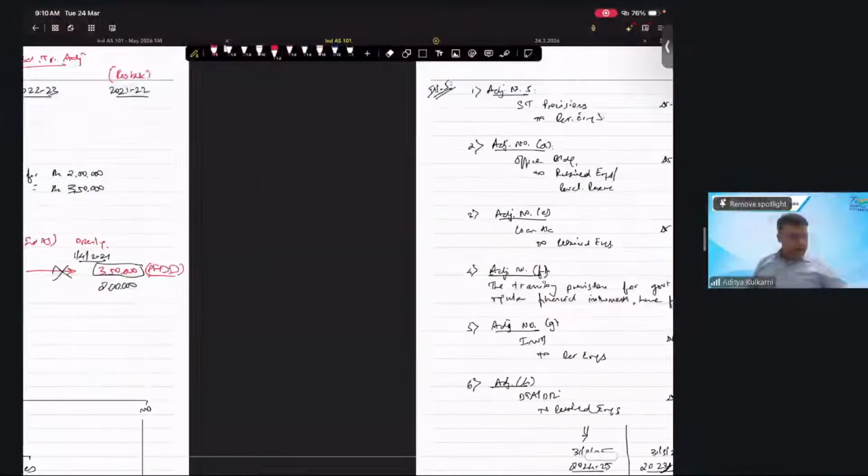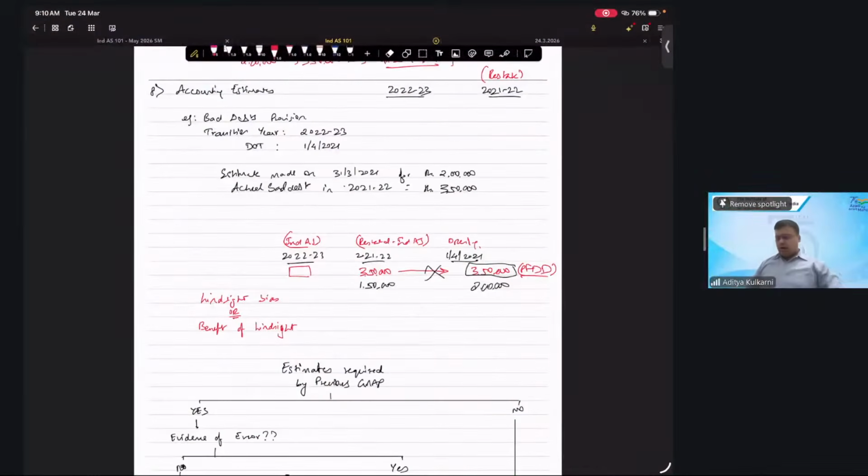The part that we have left is accounting estimates. What Ind AS 101 tells us is you cannot take the benefit of hindsight bias. For example, you are aware that we need to do a retrospective application of Ind AS at the time we are adopting Ind AS.